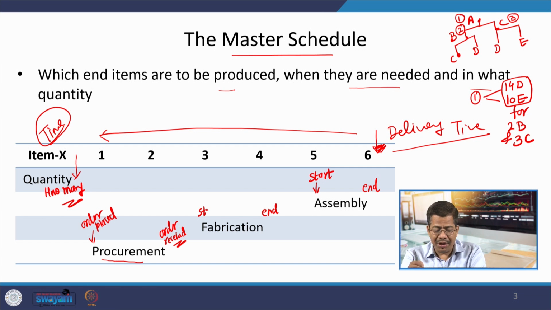This entire calculation we have already discussed in our previous class.